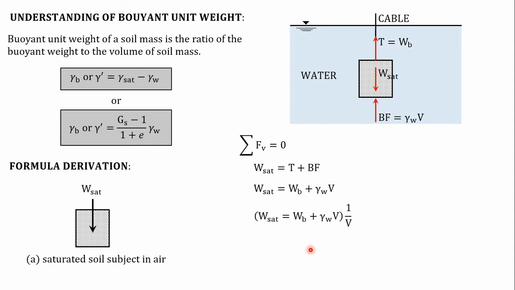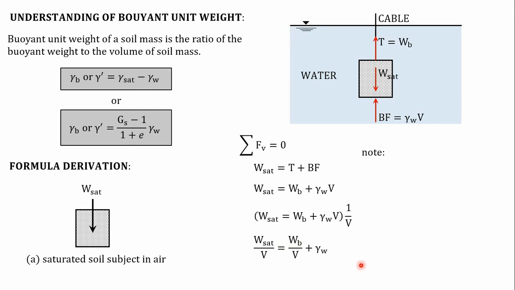So weight saturated is equal to weight buoyant plus unit weight of water times volume. We multiply both sides by 1 over V, so we get weight saturated divided by volume equal to weight buoyant divided by volume plus unit weight of water.